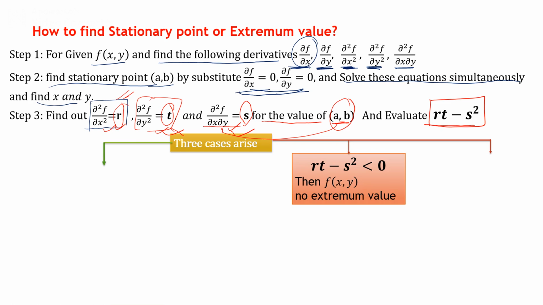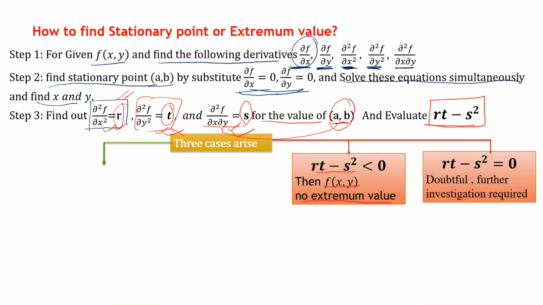The first case: rt minus s square is less than 0. If we get that case, we can say the function has no extremum value, meaning it is neither maximum nor minimum. If rt minus s square becomes 0, further investigation is required; this is a case of doubtfulness, so we cannot say the function is maximum or minimum.